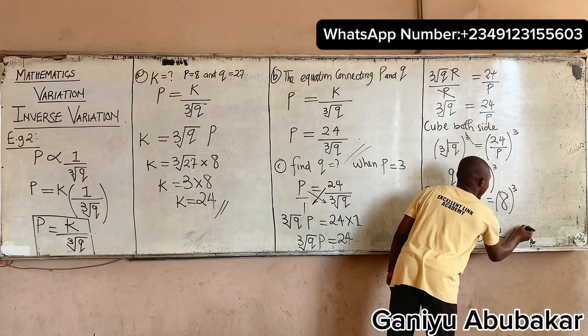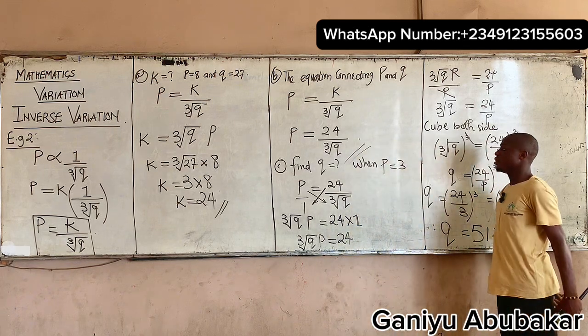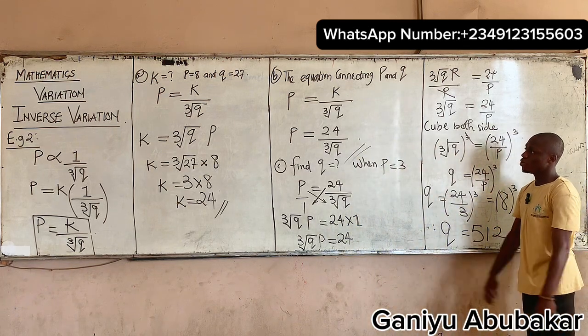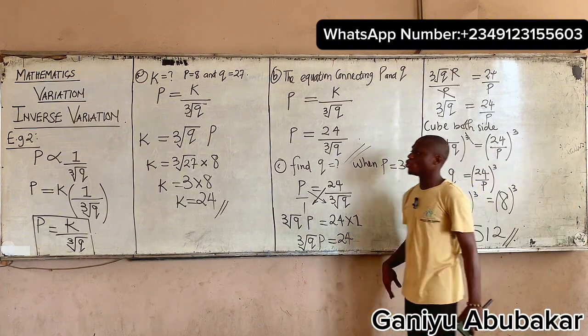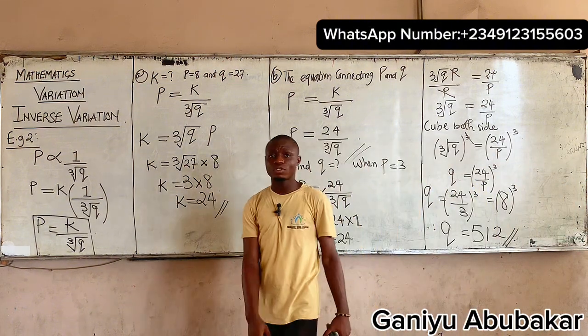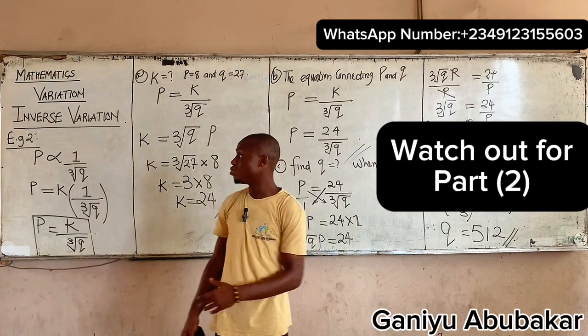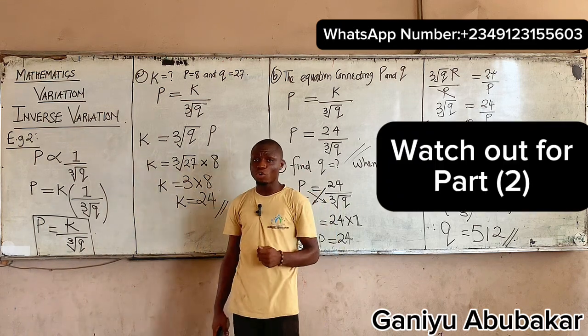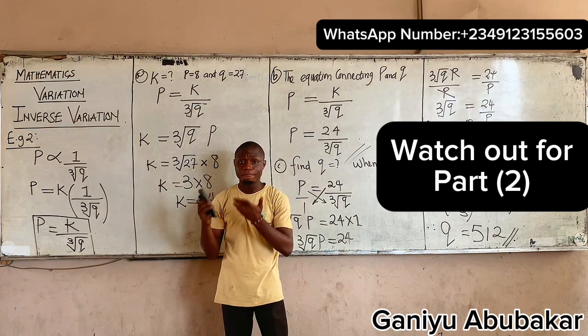This is my answer for Q when P is 3. So this is how I solve problems under inverse variation, as you can see in front of you. All right, let's dive into the third type of variation called the joint variation.